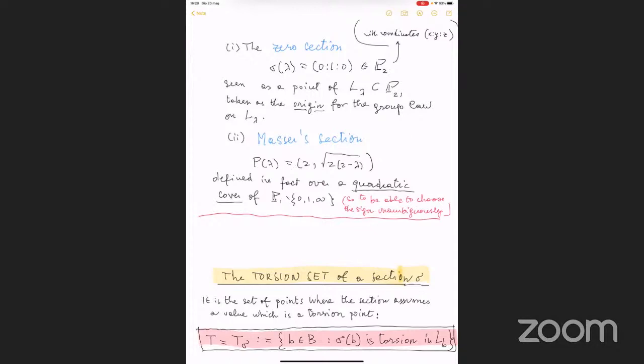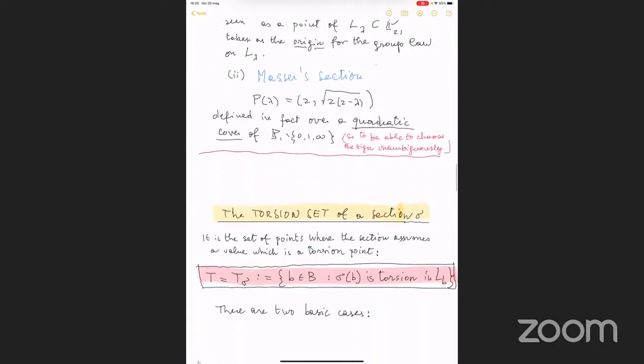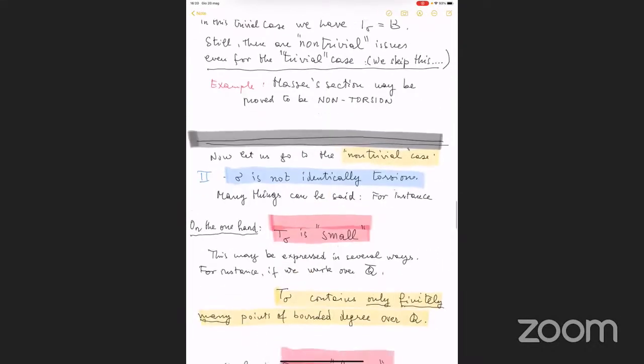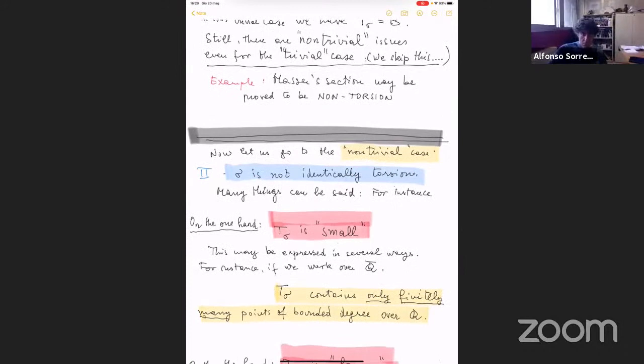So we must use some other method to exclude that the point is torsion. But in the case of the Masser section, it may be proved easily if one knows a little bit of general theory. But I skipped this. Believe me, the Masser section may be proved to be non-torsion.